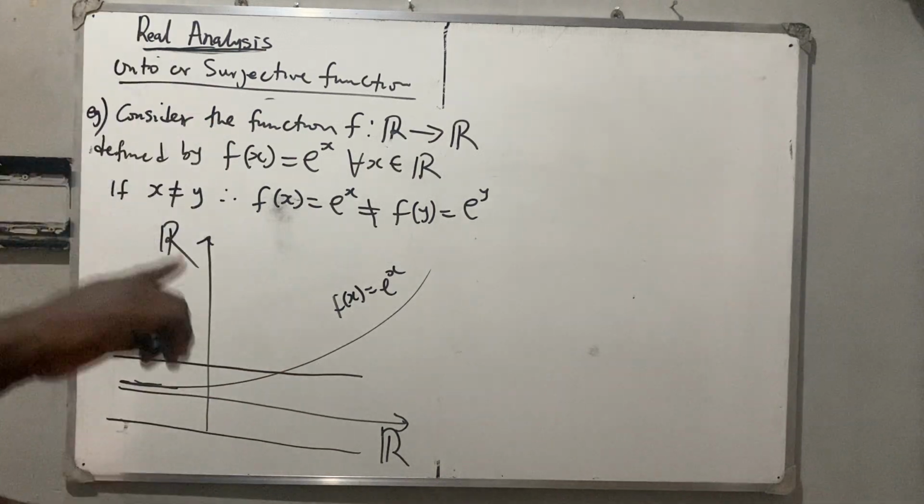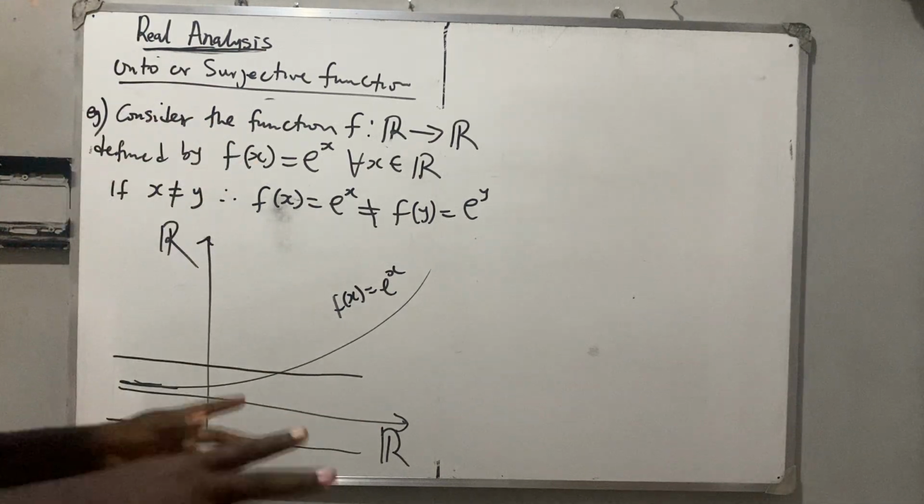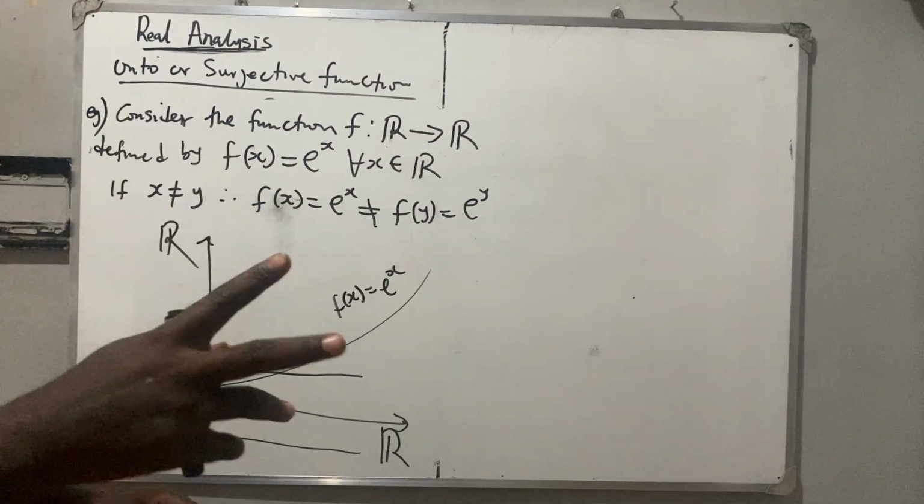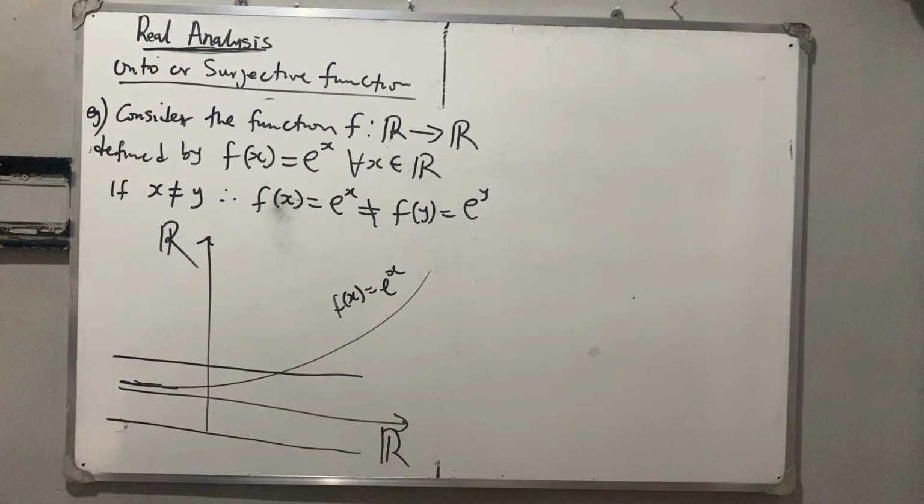So that means two distinct elements of x will give you two distinct images. Are you getting me? So that is that. So in conclusion, geometrically, a function is 1 to 1 if it cuts the horizontal line at most 1 point. Please take note of that.